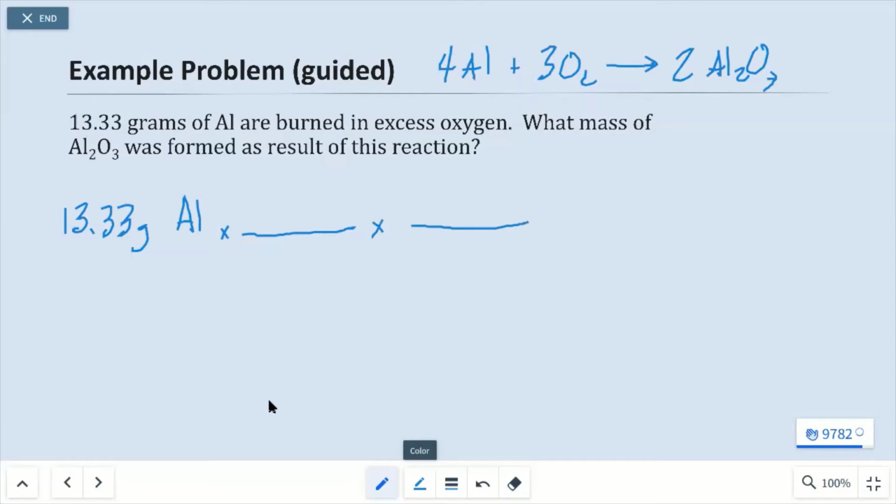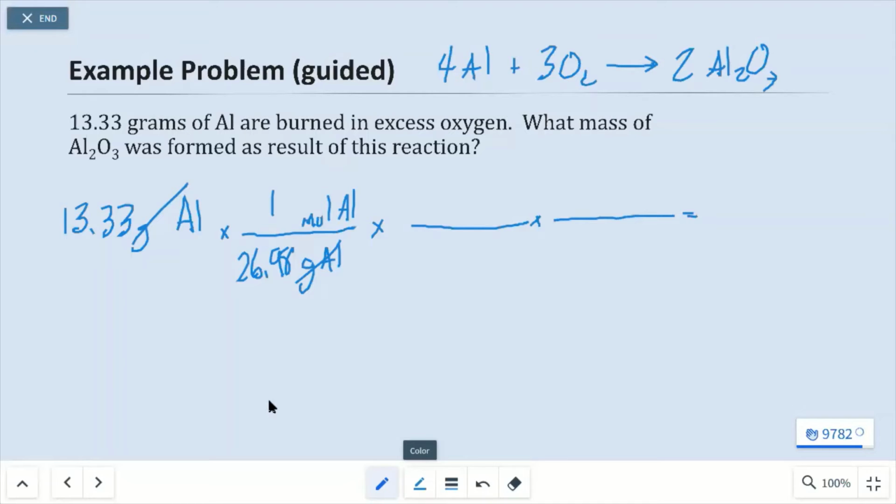I know I need 3 steps, so I'm just going to write them all here. Grams of aluminum into moles is my first step. I go to the periodic table. The periodic table tells me that the mass of aluminum is 26.98 grams. So 1 over 26.98 grams of aluminum cancel.